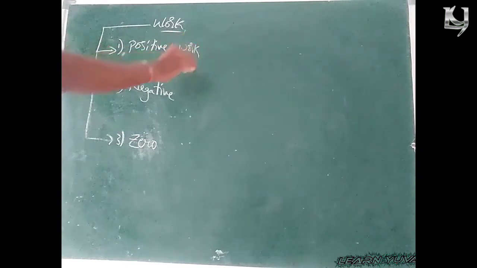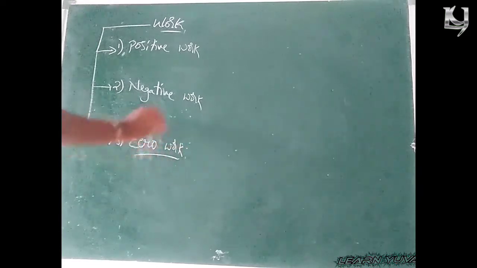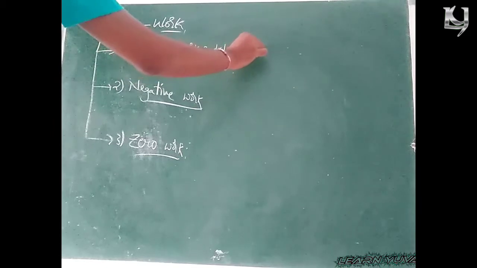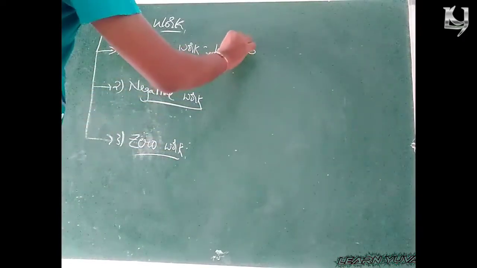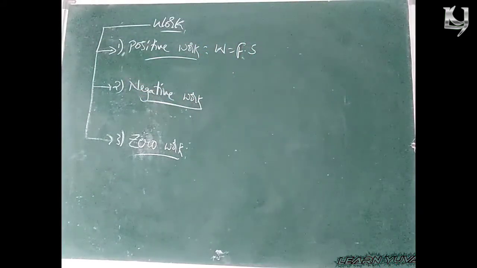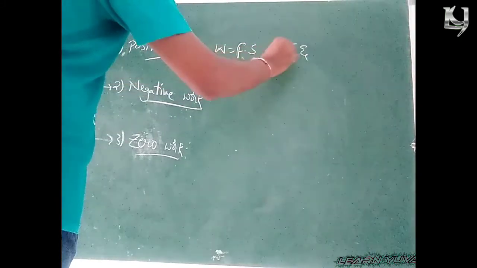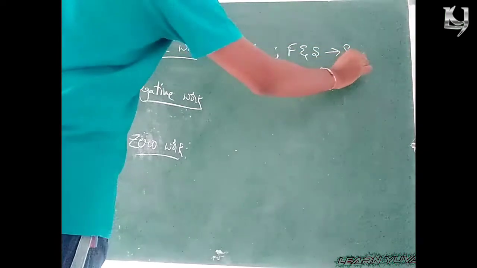Positive work done, W is equal to F S. Whenever a force is applied on a body, the body should displace its position. Here the force and displacement are in the same direction.